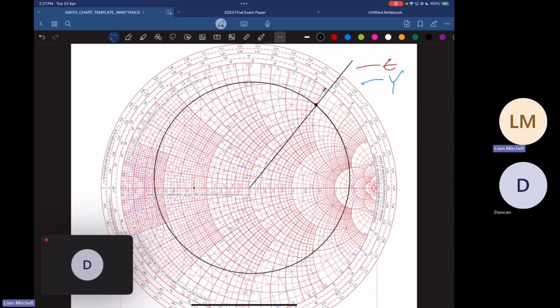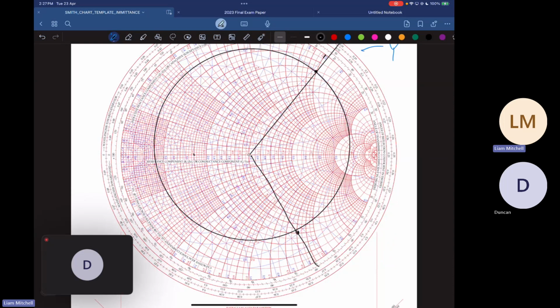It should be somewhere around here. If you rotate by this, it should be somewhere around here. And if you do it in a proper Smith chart with proper compasses and rulers, this should be a 0.16 lambda shift. And the resulting impedance here, I'm not sure actually. I'll just draw it properly at the proper point. It should be 0.3 minus 1.58.